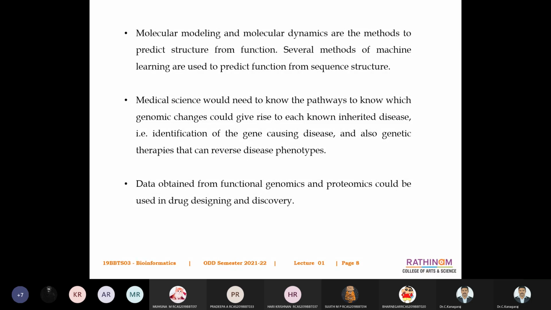And among major applications in medical science, we need to analyze pathways and find inherited diseases. So identification of genes causing disease and also genetic therapies can reverse disease phenotypes. Then data obtained from functional genomics and proteomics is used in the drug discovery and drug designing process.